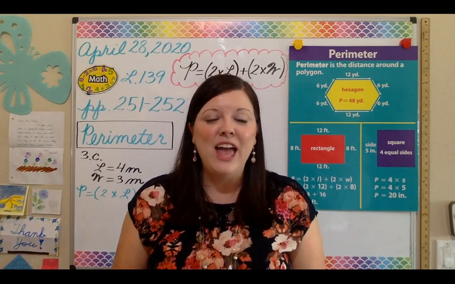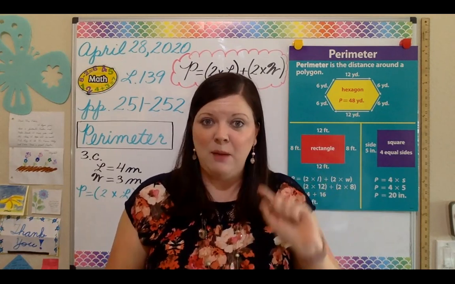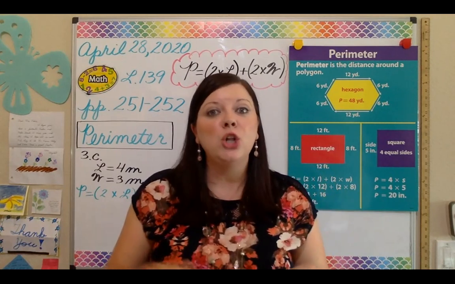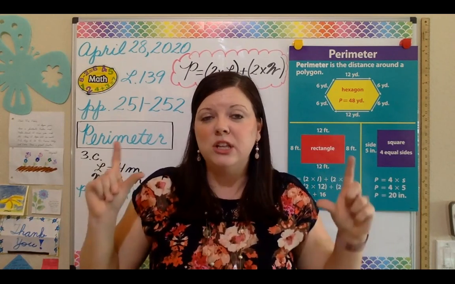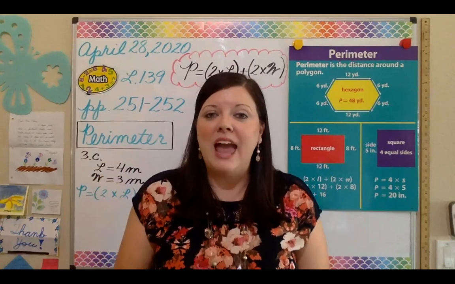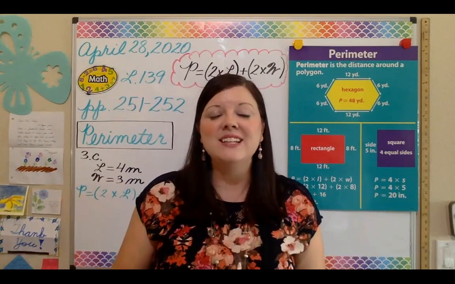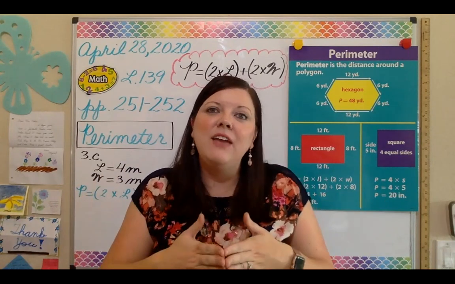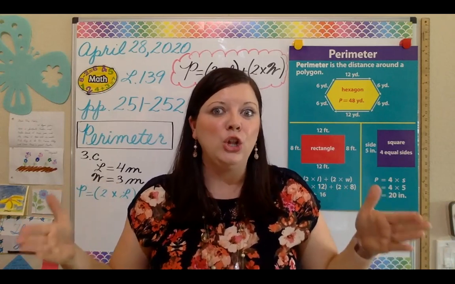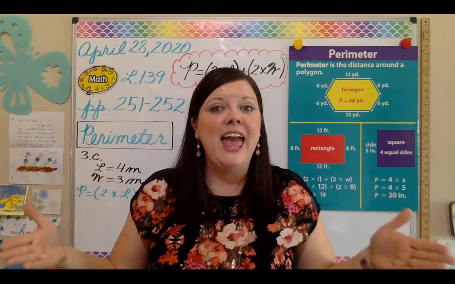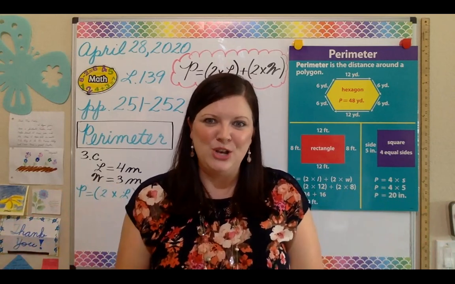A rectangle has 4 sides. 2 of those sides, the top and the bottom usually, are longer, and the other sides, the left and right, they're usually a little bit shorter. That means we have a length and a width. If you measure the length of something, that's always going to be a little longer. And so typically our length in our lessons are going to be the larger number.